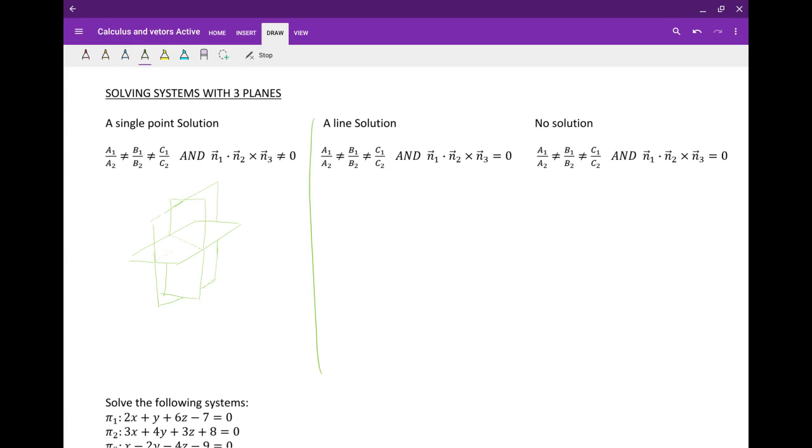So there would be another line where they intersect right there, and the combination of all of these would end up being a point, right? Like that. All right. Now I would need to make some changes on my drawing here, but it's more or less like that one right there.